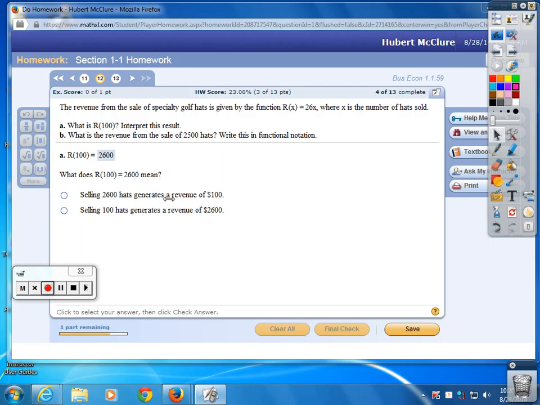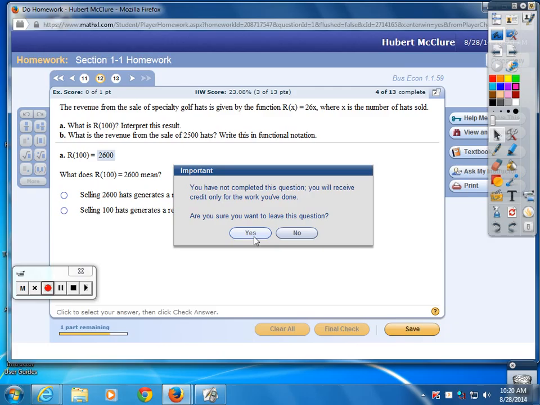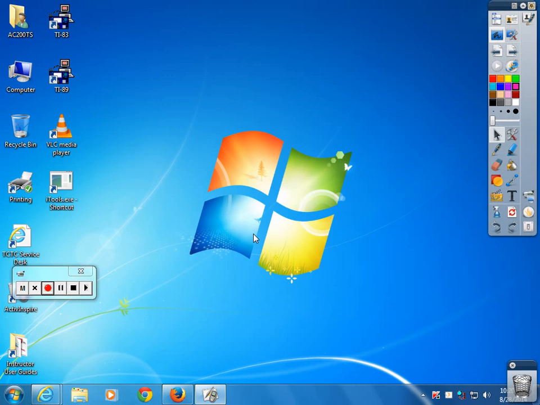Selling 2,600 hats generates a revenue of $100. Selling 100 hats, I didn't know they were going to ask that. Sorry. I thought we were supposed to.